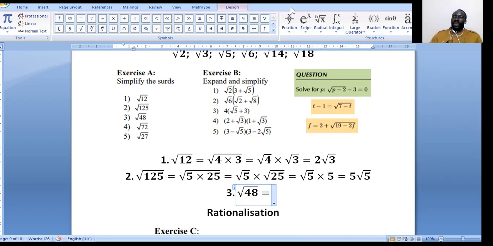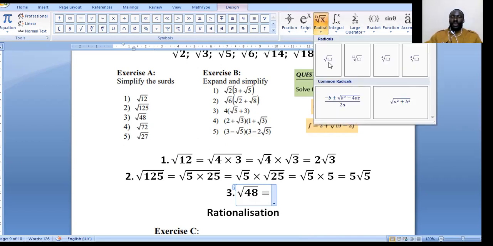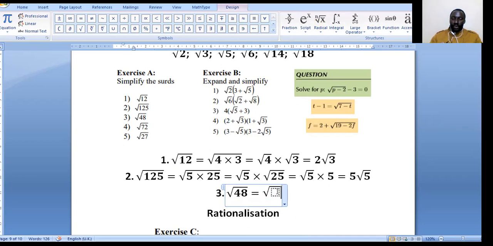Well, let's write this. Let's write the square root of 48 as the square root of 4 times 12. Rather, first put it inside here, 4 times 12.